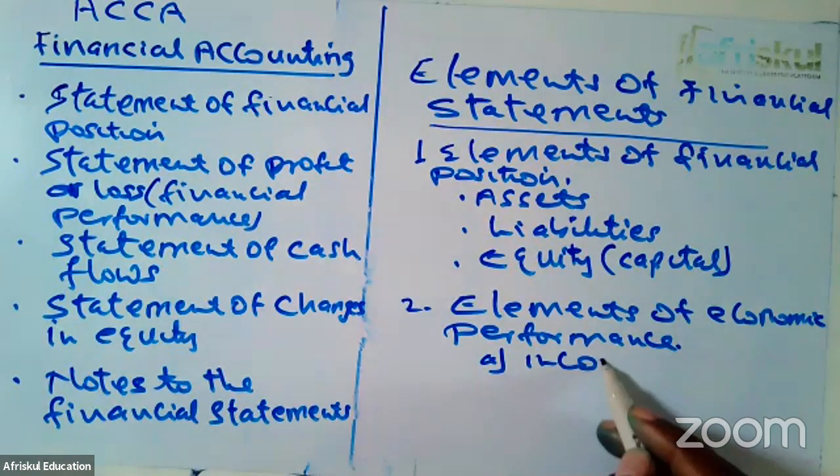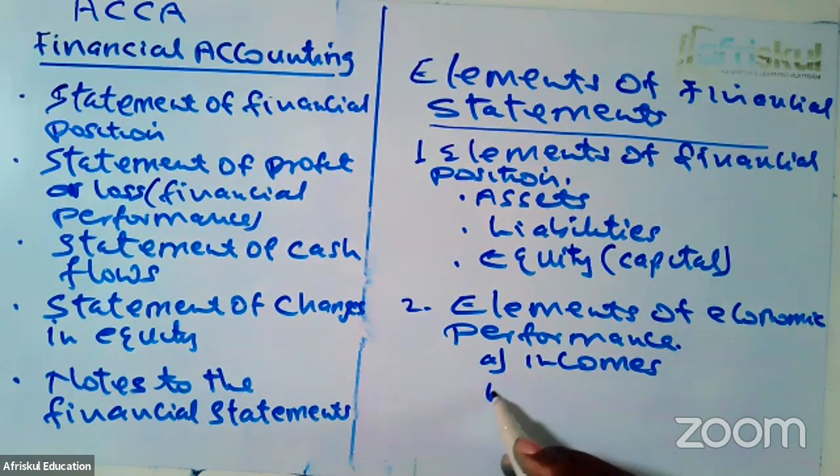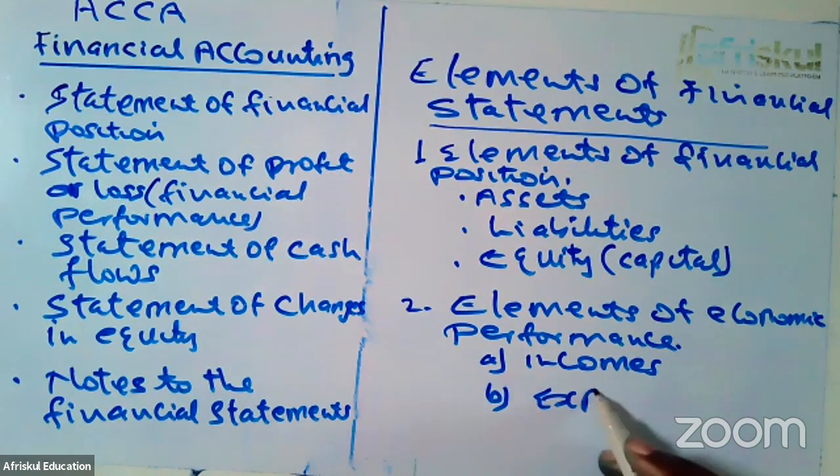And those are the elements. There are 2. One is incomes, and we have expenses. Each of these elements of information is divided into subcategories, as we are going to see next.